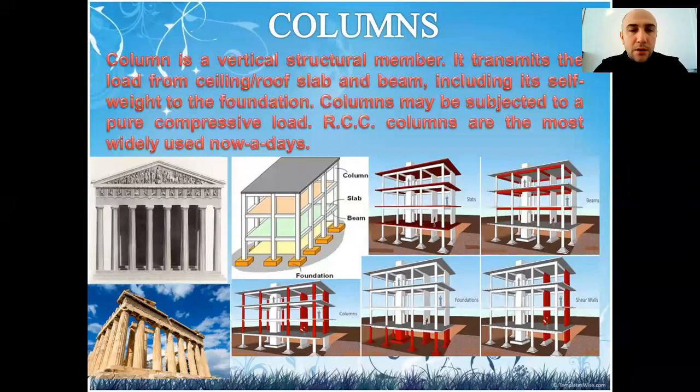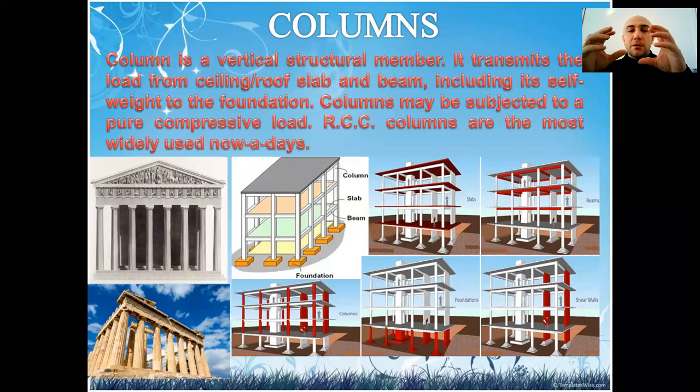A column or pillar in architecture and structural engineering is a structural element that transmits, through compression, the weight of the structure above to the other structural elements below. In other words, a column is a compression member.